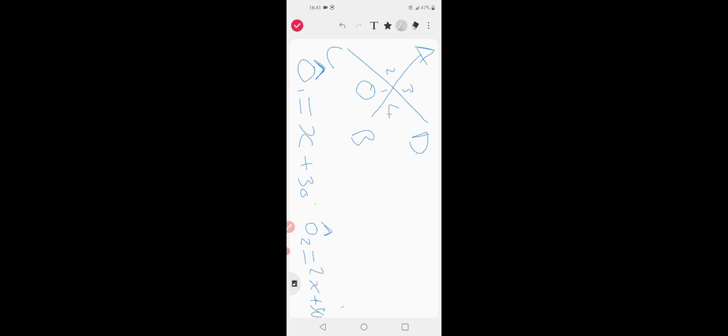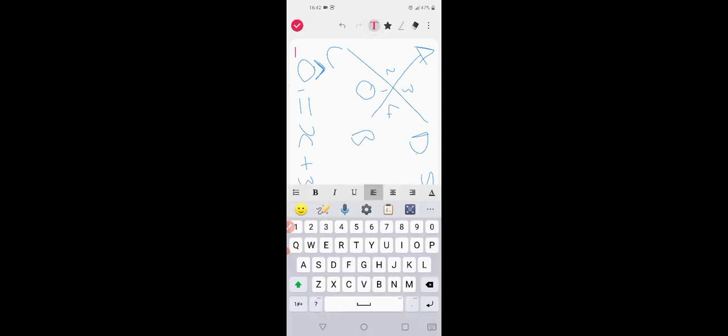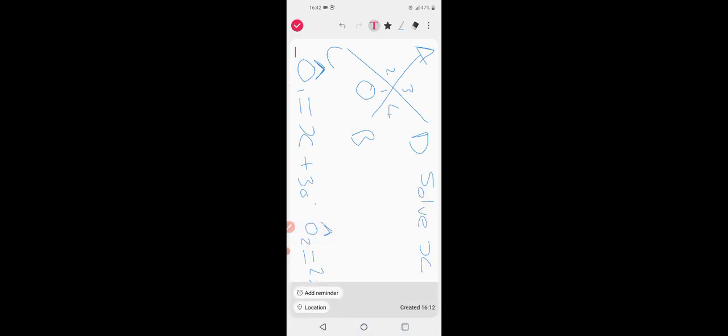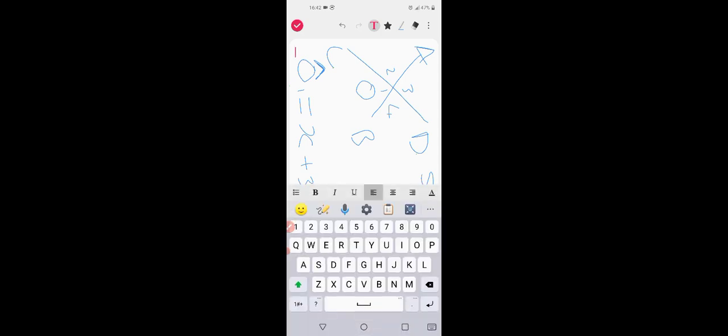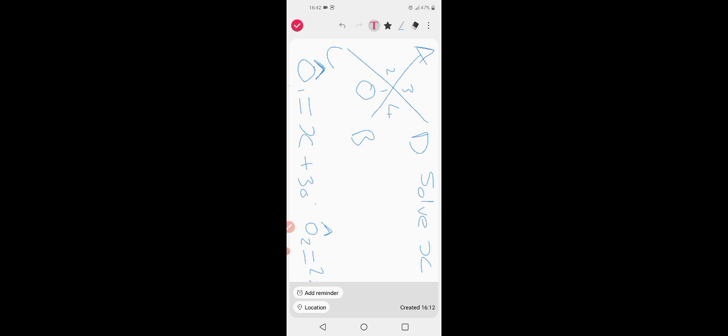Okay, that's what I give you. Now my question is, solve for x. So we want to solve x. Okay, I'm actually going to try the text thing and see how that works. All right, so I have no idea how it works.